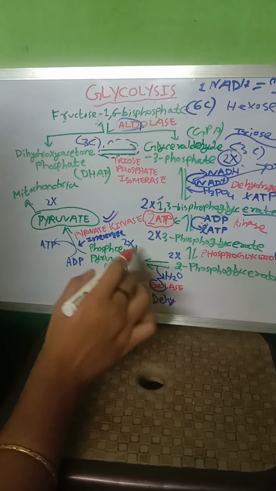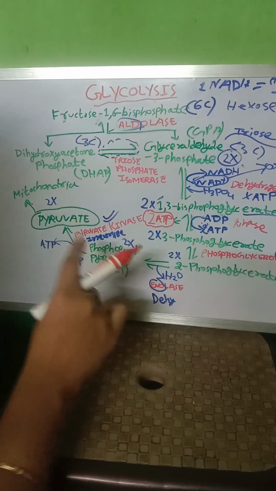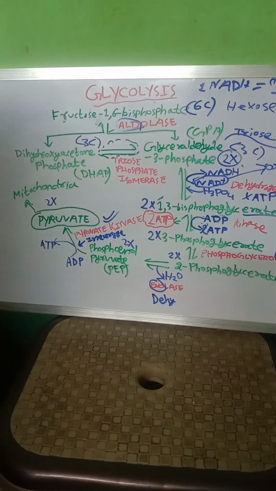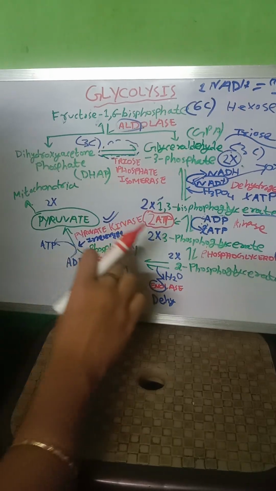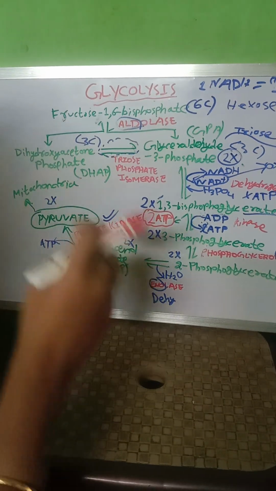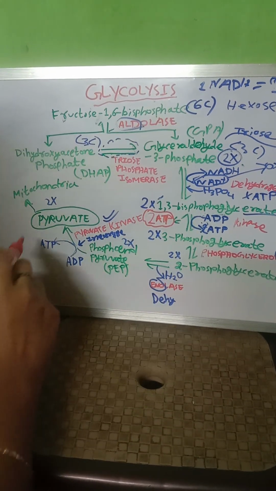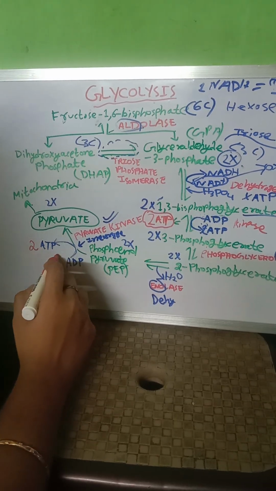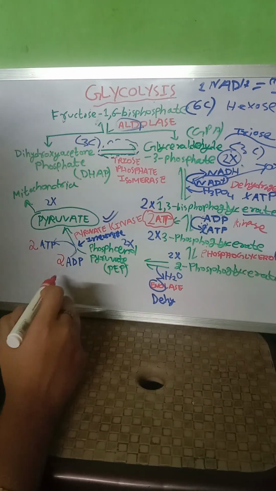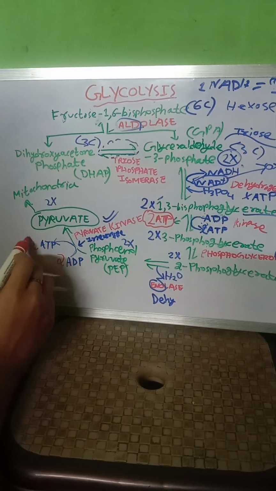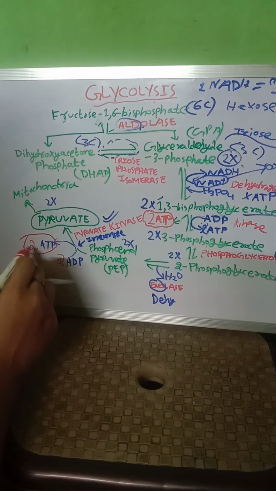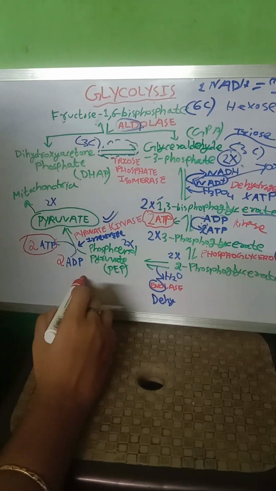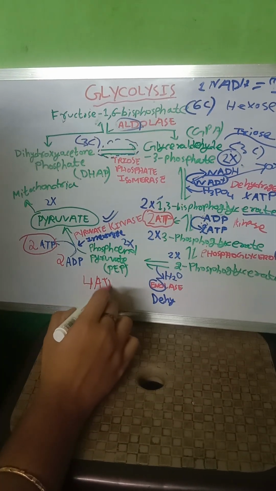One phosphoenol pyruvate creates one pyruvate, which means 2 phosphoenol pyruvate will create 2 pyruvate, and here 2 ATP are formed. So these are 2 ATP, this is 2 ATP. So in total we are getting 4 ATP.